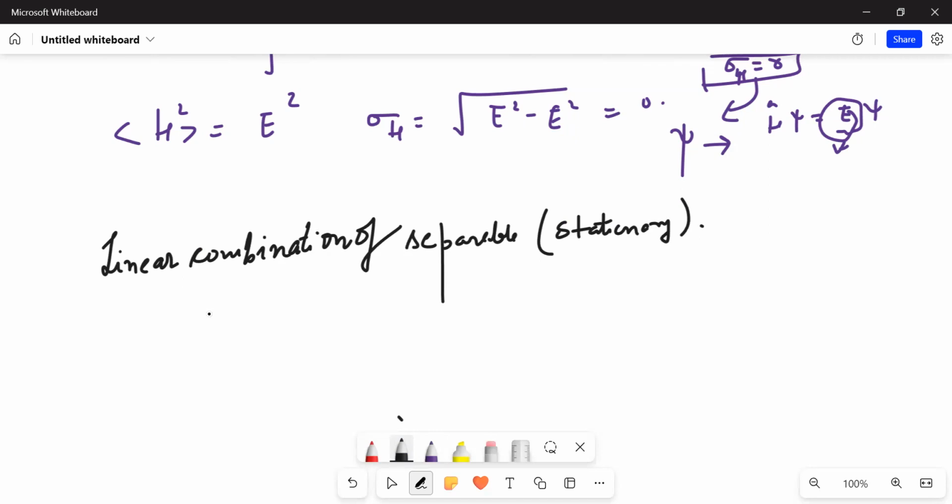How to do it? For example, if I solve the time independent Schrödinger equation, I'll get some ψ₁, ψ₂, ψ₃.